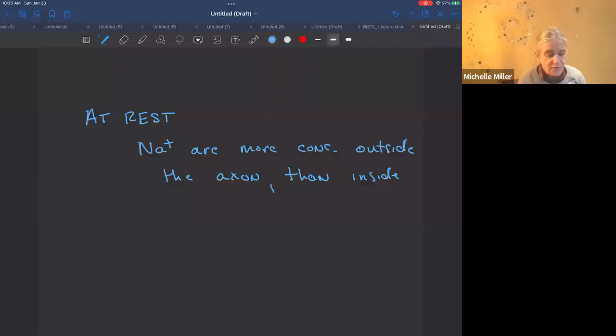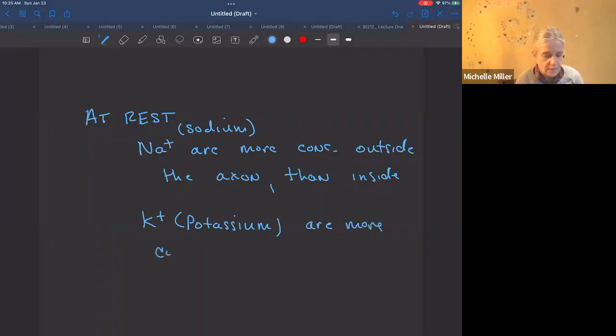And then we also find that the potassium ions, so this is potassium, and this is sodium. The potassium ions are more concentrated inside the axon than outside.